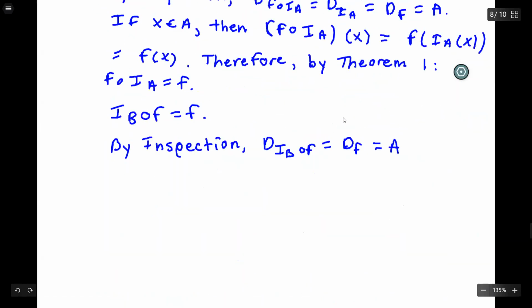I'm just using that theorem to assume that the domain of I sub B compose f is A.